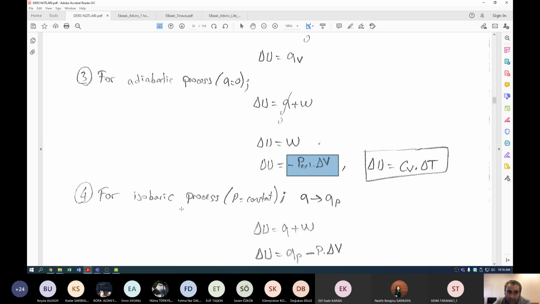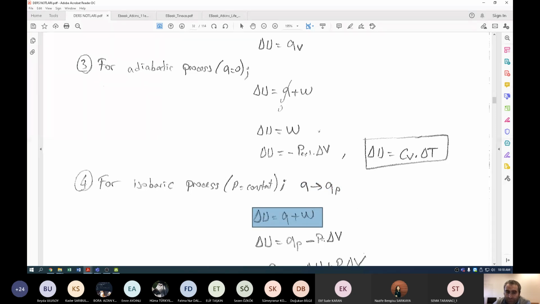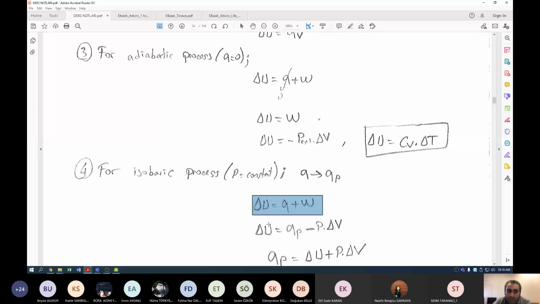For an isobaric process, if P is constant, Q becomes QP, and delta U becomes Q plus W. So delta U now becomes QP minus P delta V, if we assume this is a reversible process.